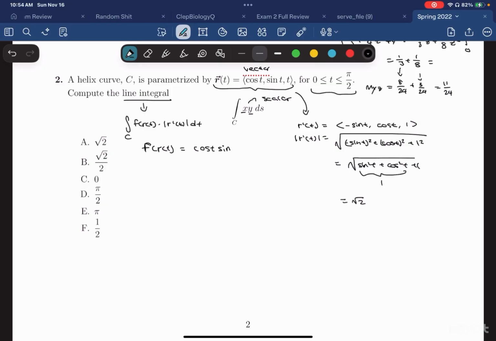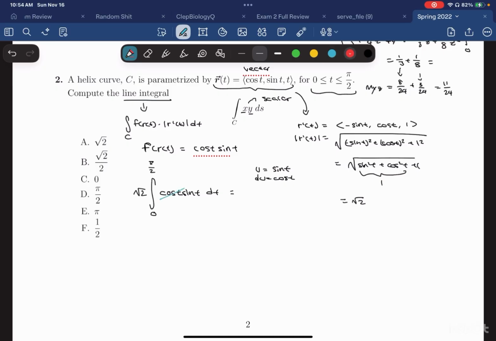Okay, so now let's compute. We already know it's from 0 to pi over 2 of cosine t sine t. I'm going to leave the square root of 2 outside. This will be dt. If we compute this, I'm going to do a u substitution where u is sine of t and du is cosine of t dt.